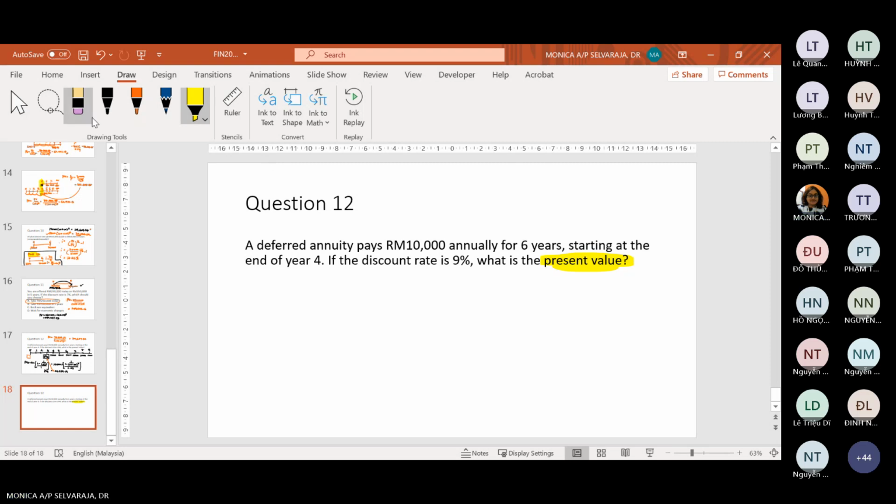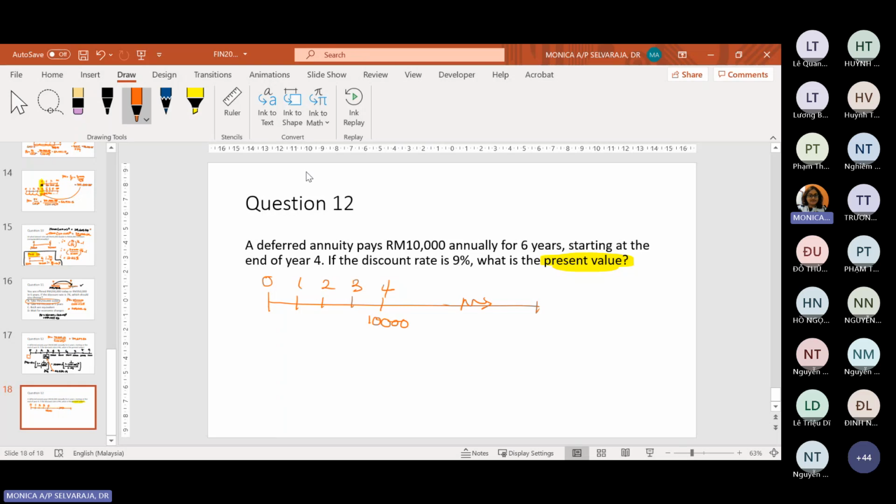So they're going to pay you 10,000 at the end of the 4th year. Means year 4. Okay. So for 6 years, they're going to give you 10,000.